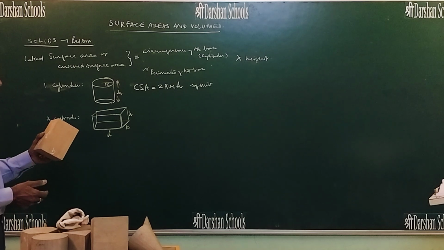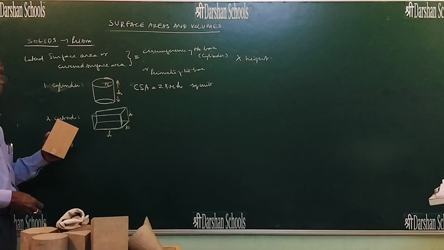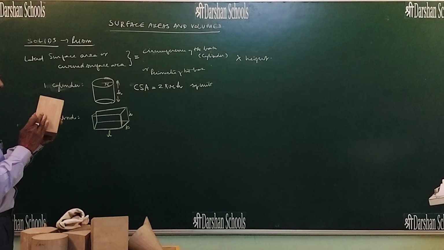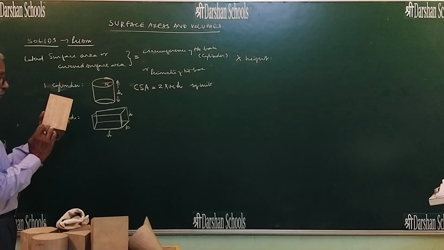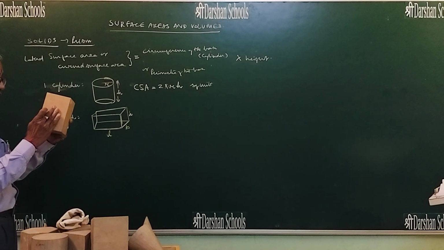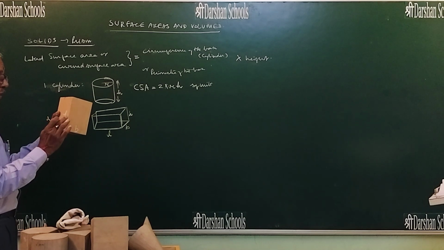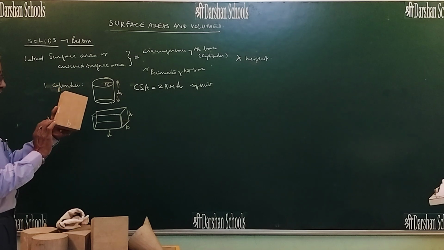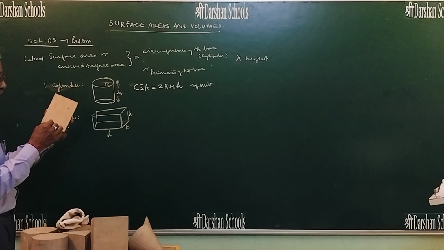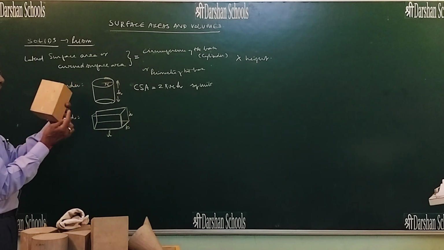So I am considering only the lateral surface area. Lateral surface area means this surface area. Height into breadth is this, length into height is this. So LH, here BH, and this is again LH, and the opposite BH.